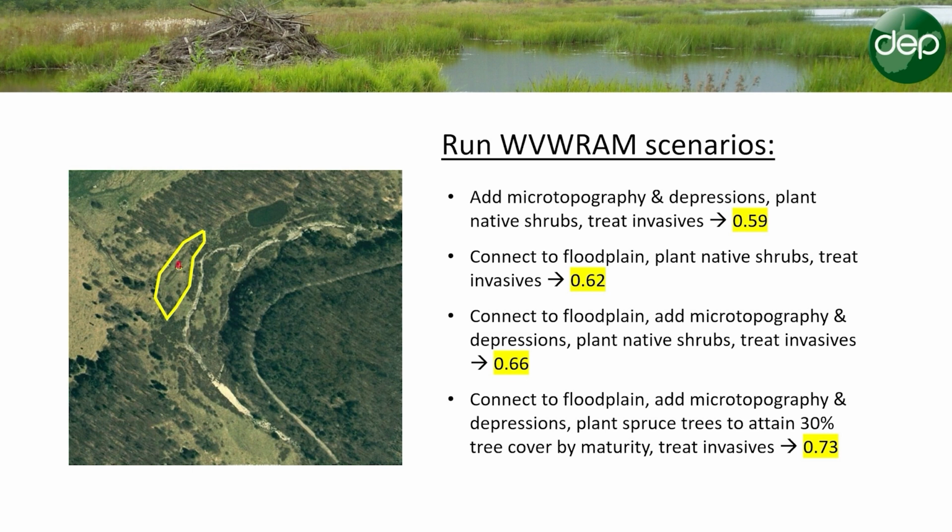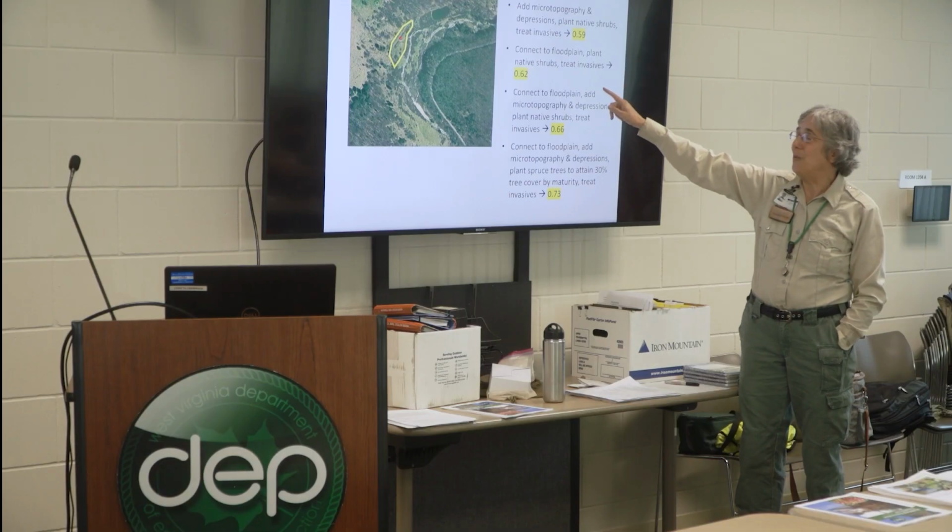So if you just added microtopography and depressions, planted native shrubs, and treated invasives, you could get to a score of 0.59. If you then connected to the floodplain and planted native shrubs and treated invasives, but you didn't do the microtopography and depressions, you could get a score of 0.62.